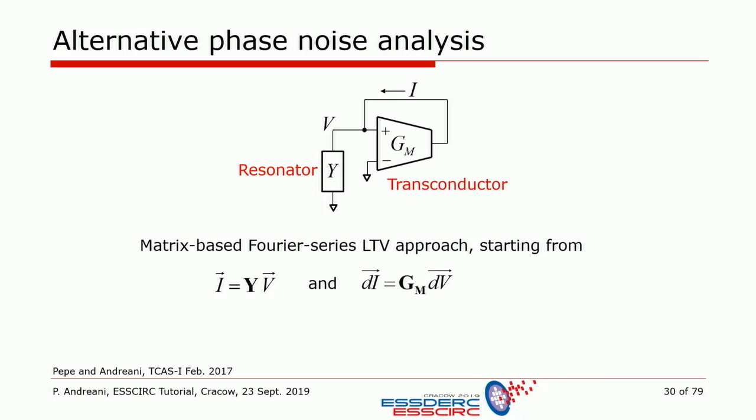Basically, what we need to know is that I is equal to Y times V, that's Kirchhoff, and then just the fact that the transconductance is given by the derivative of the current divided by the derivative of the voltage. Okay. The different thing is that here we do not just stop at omega 0.